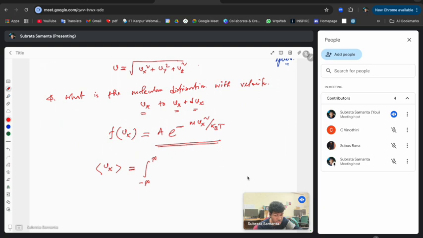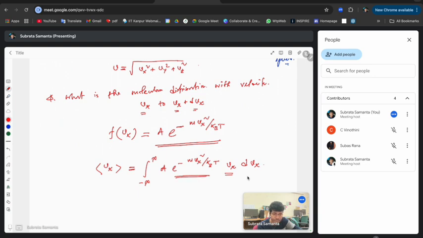This limit is important when you compute the average of vx. This is a times e to the power minus m vx square over kT, which is your f of vx, times vx and dvx.